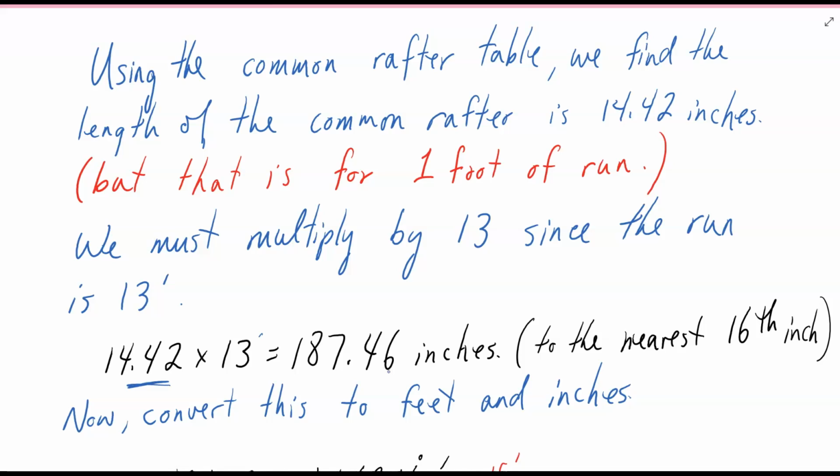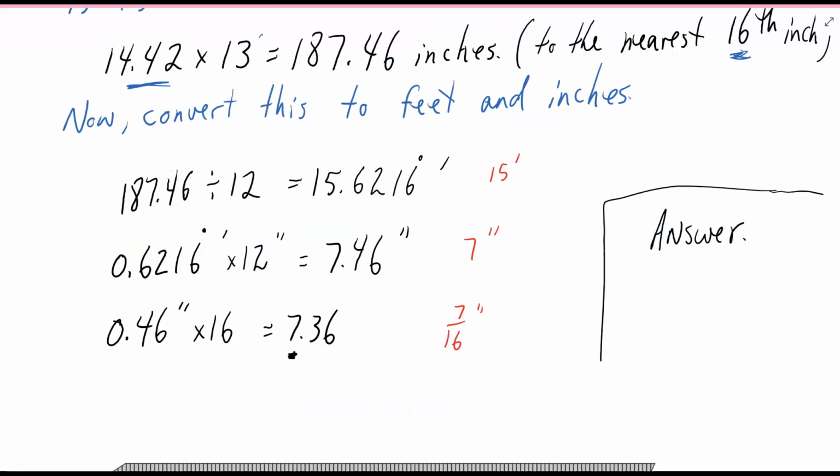We want to put it into feet and inches and even partial inches in 16ths of an inch. To change your inches into feet, you divide the number of inches by 12 to change it into feet.